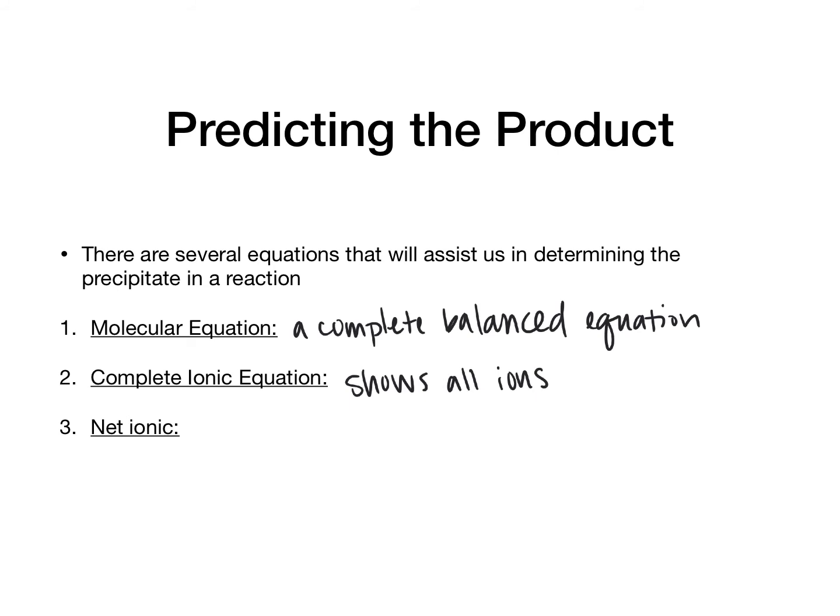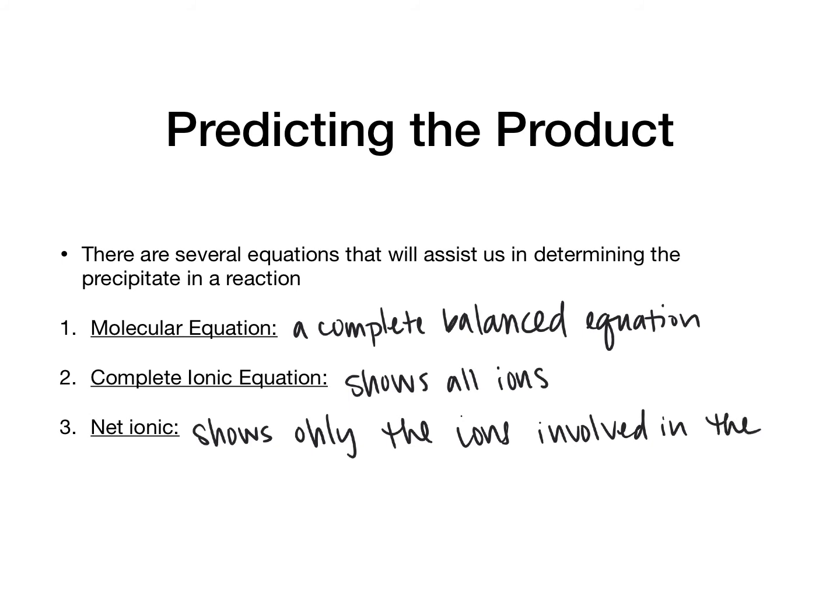So what we're going to start to look at is in the molecular equation, what ions are present for any of these aqueous components. And a net ionic equation shows only the ions involved in the reaction. So we are going to remove spectating ions.